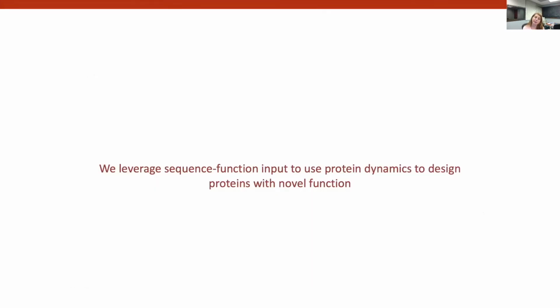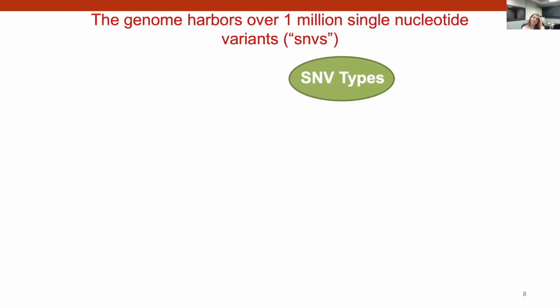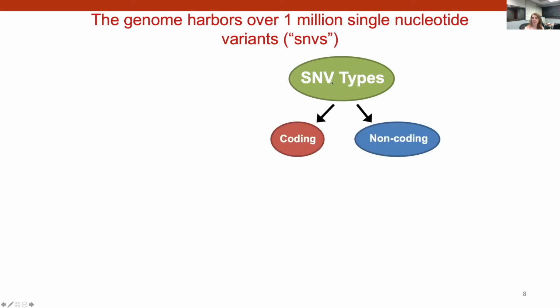To do this, we leverage sequence-function insights from ancestral studies, using protein dynamics to design proteins with novel functions. The second thing is, in humans also, my proteins are completely different than your proteins because we have genetic mutations in our DNA, right? We call these single nucleotide changes, single nucleotide variants, SNVs.